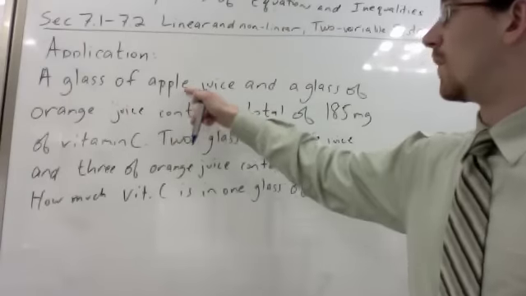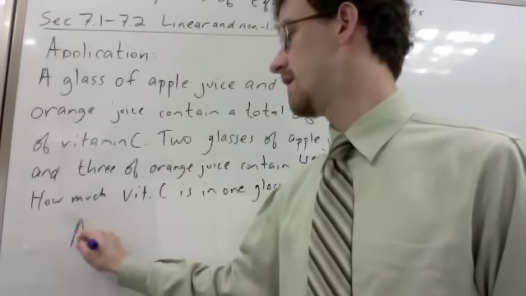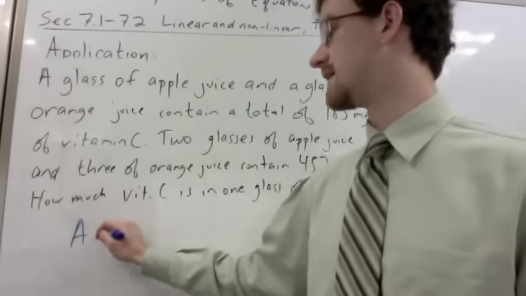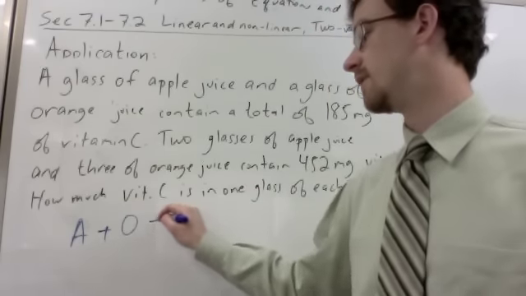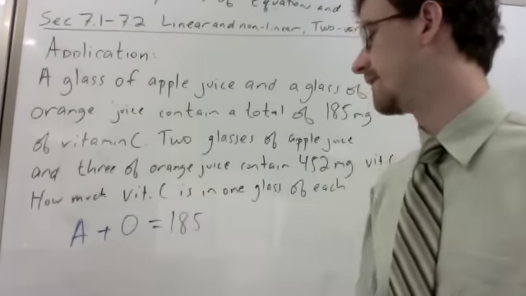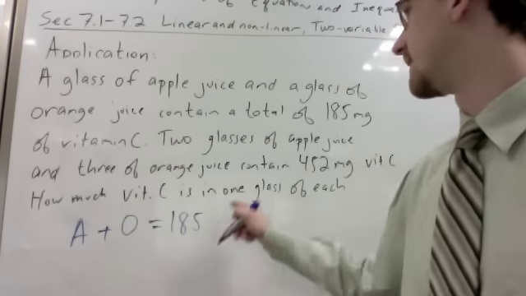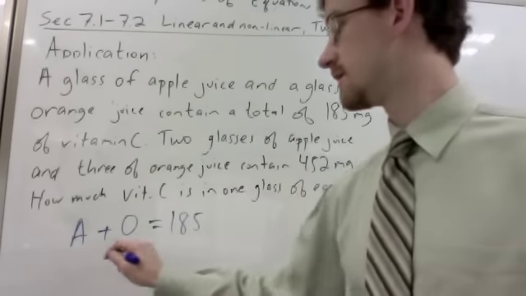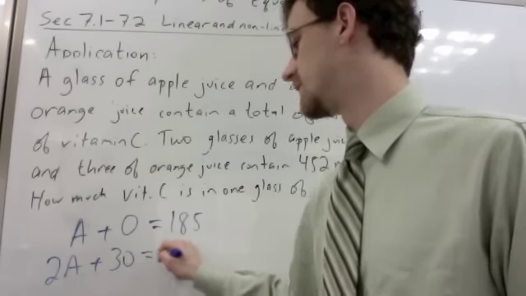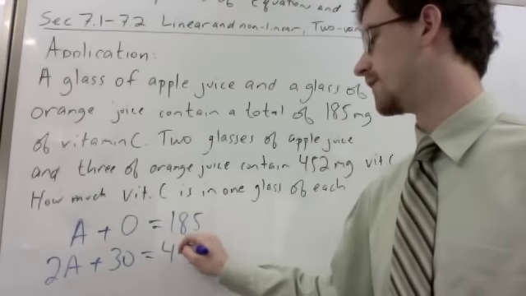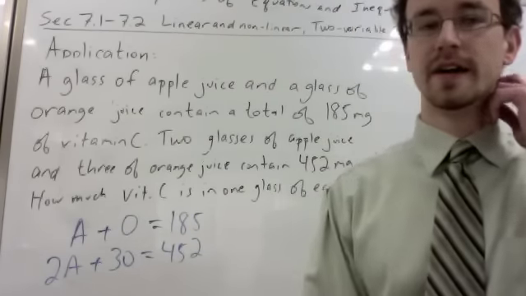We know that 1 glass of apple juice, which I'm going to call A, and 1 glass of orange juice, which I will call O, contain a total of 185 milligrams of vitamin C. We know that 2 glasses of apple juice and 3 of orange juice contain a total of 452 milligrams of vitamin C.